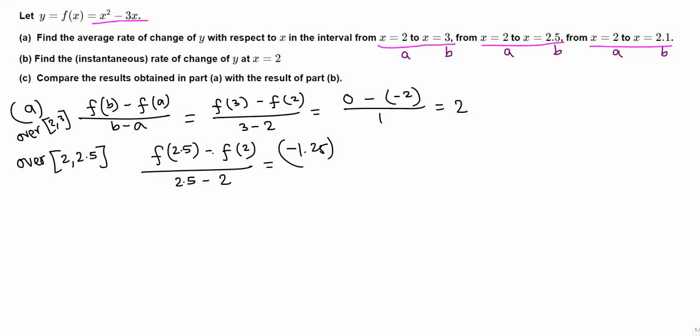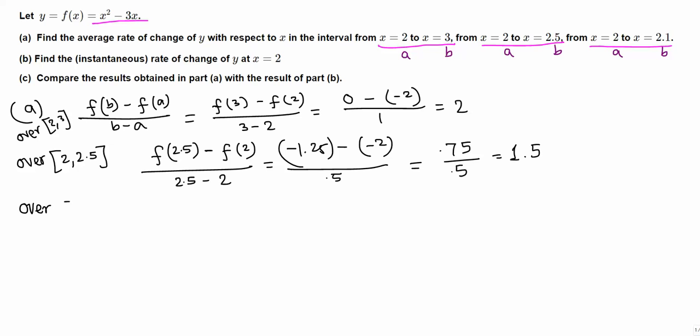Minus f(2), that's negative 2, over 2.5 minus 2, that's 0.5. So this is plus 2. Plus 2 minus 1.25, that's 0.75 over 0.5. Use your calculator and divide 0.75 by 0.5, and it comes out to be 1.5.